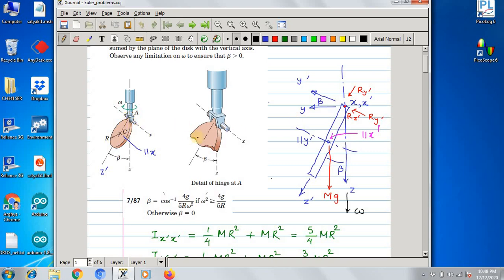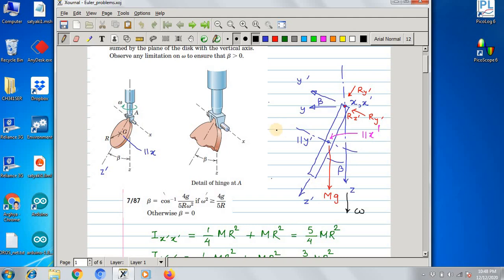So if you draw the projection of the disk in the y dashed z dashed plane. So this is x, this is parallel to x, and y is perpendicular to this plane.